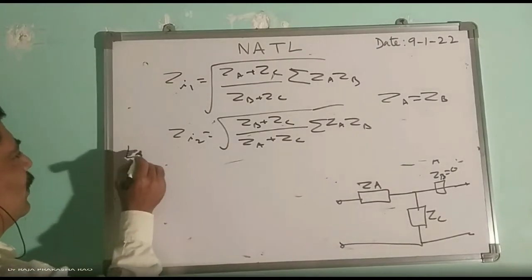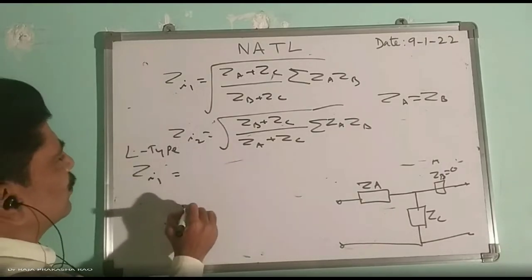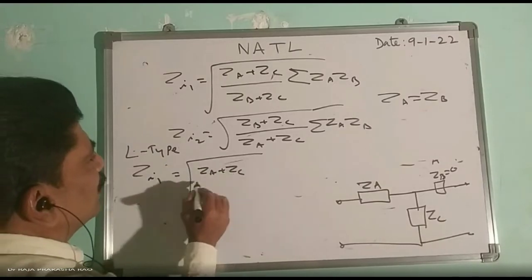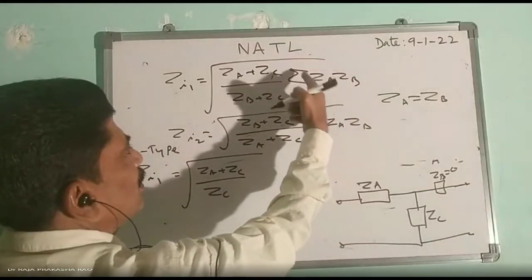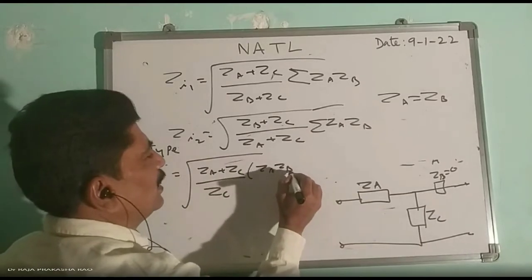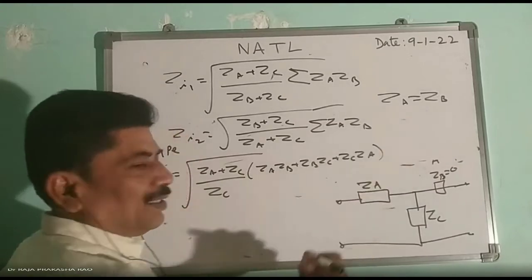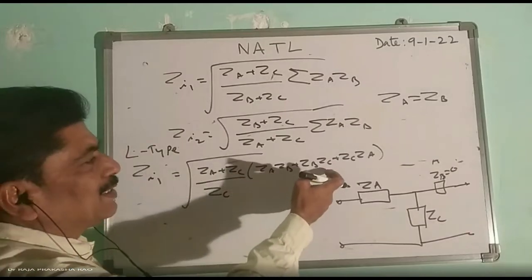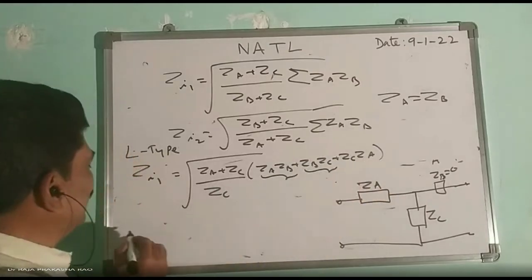Zi1 for the L-type two-port network, putting ZB equal to 0, you will get the square root of (ZA plus ZC)/ZC into sigma. You cannot just put ZB equal to 0 everywhere, so expand this: sigma is ZAZB plus ZBZC plus ZCZA. ZB is 0, so only ZCZA will remain.